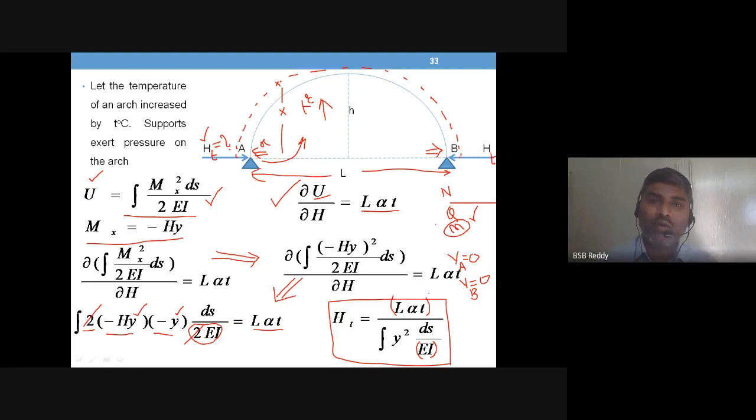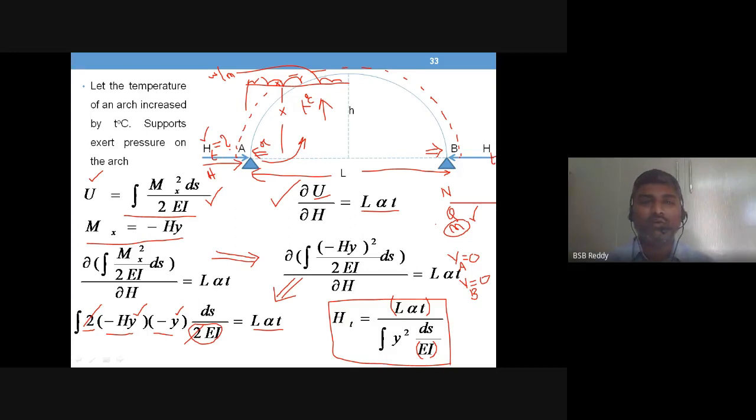Okay, what happens if you have loads also on this arch? So if I apply some load on this arch, what happens? So this is like a W per meter. Okay, what happens? You will have H also from loads.